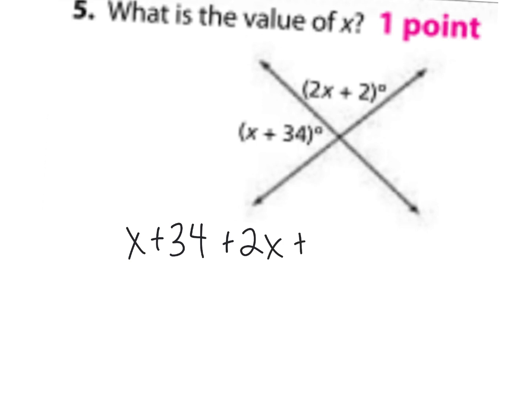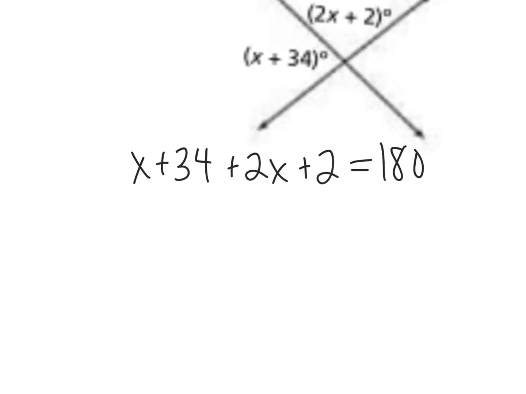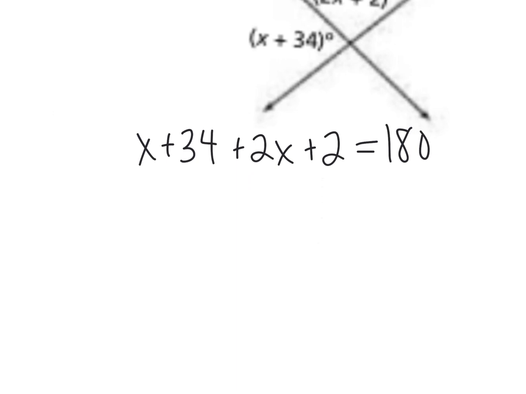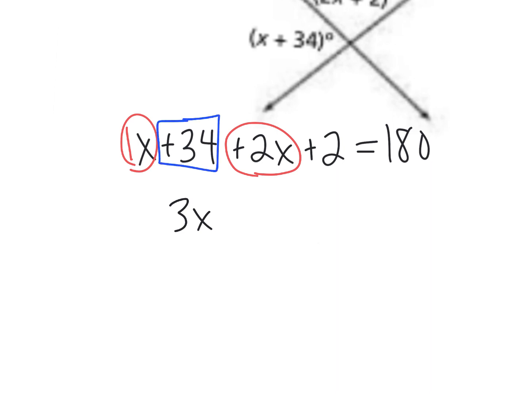And so these two things added together would equal 180 degrees because they're supplementary. And then we can look for like terms on the same side of the equation. So 1x plus 2x is 3x. And then we have some other like terms here. So 34 plus 2 is 36.